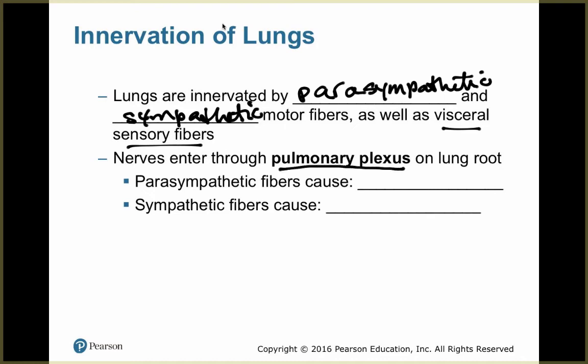If you remember when we were talking about all the different plexi earlier, a plexus is just a group of nerves.